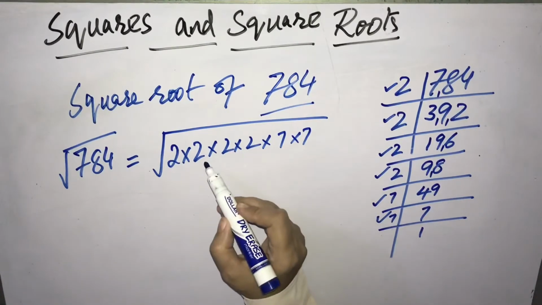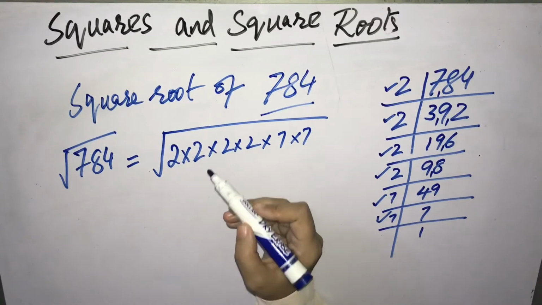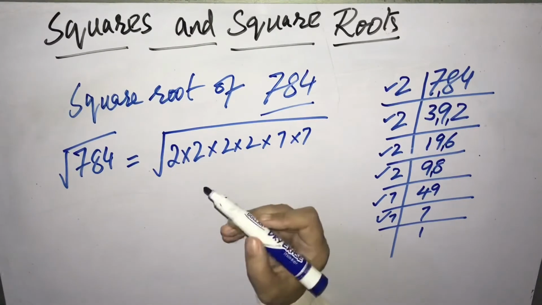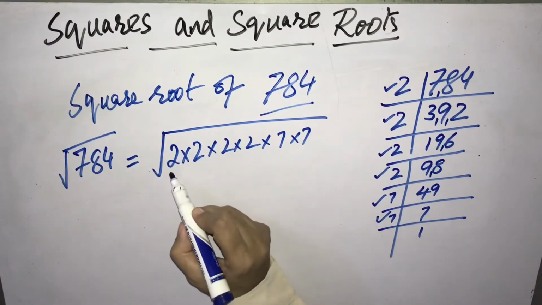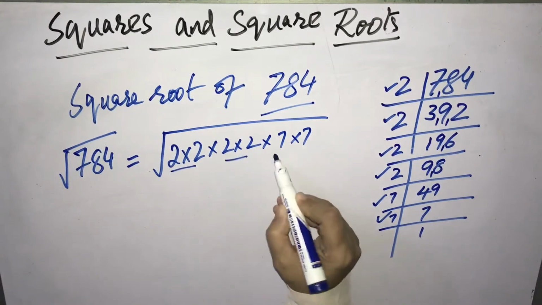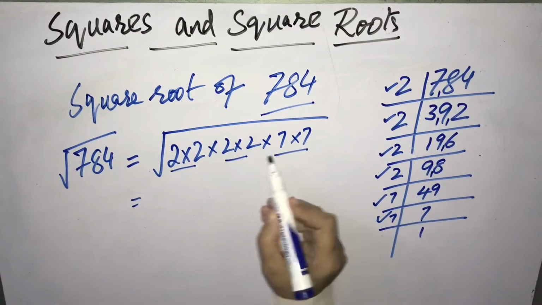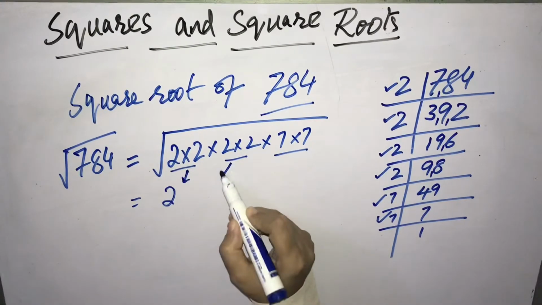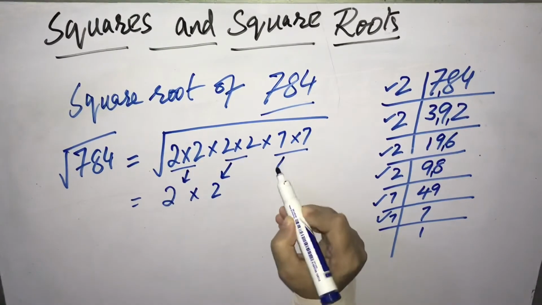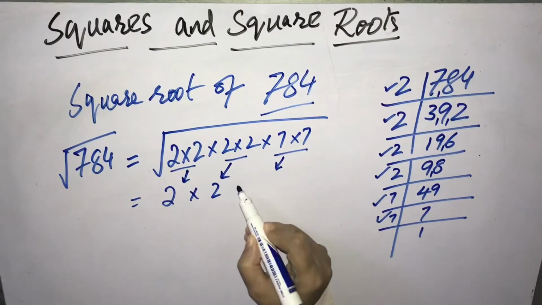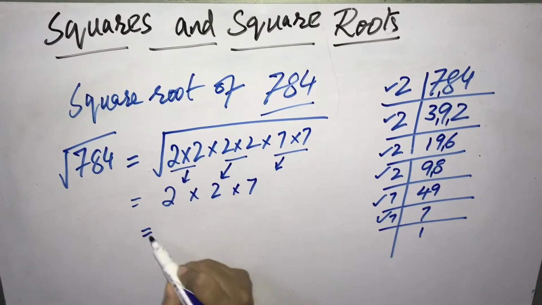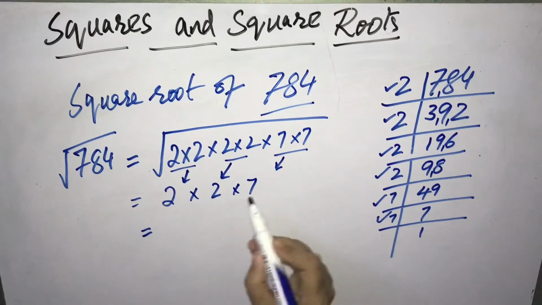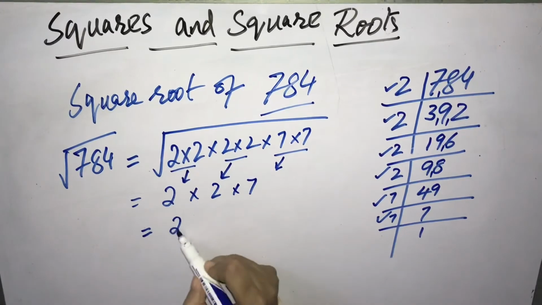As square is basically multiply the number with itself, so when we will take the square root, we shall make the pairs of prime factors, and from each pair we shall take 1. Two cross 2 is 4, 4 cross 7 is 28.